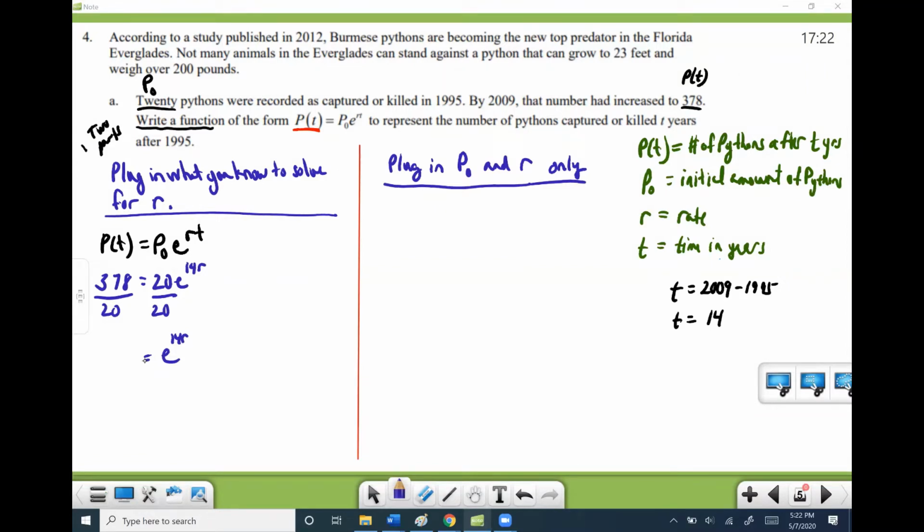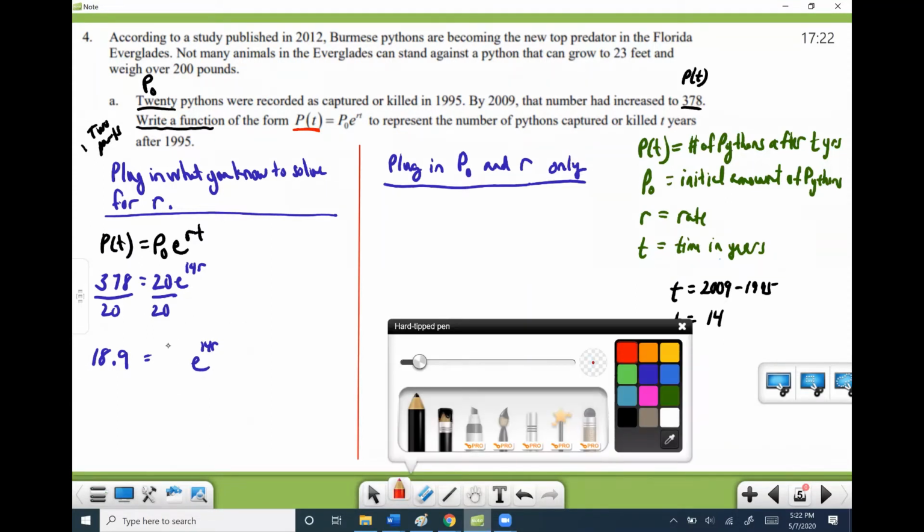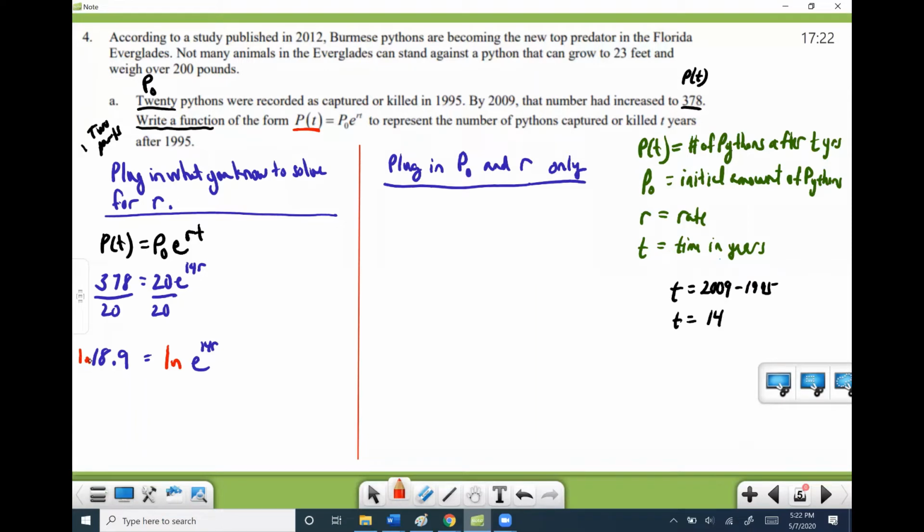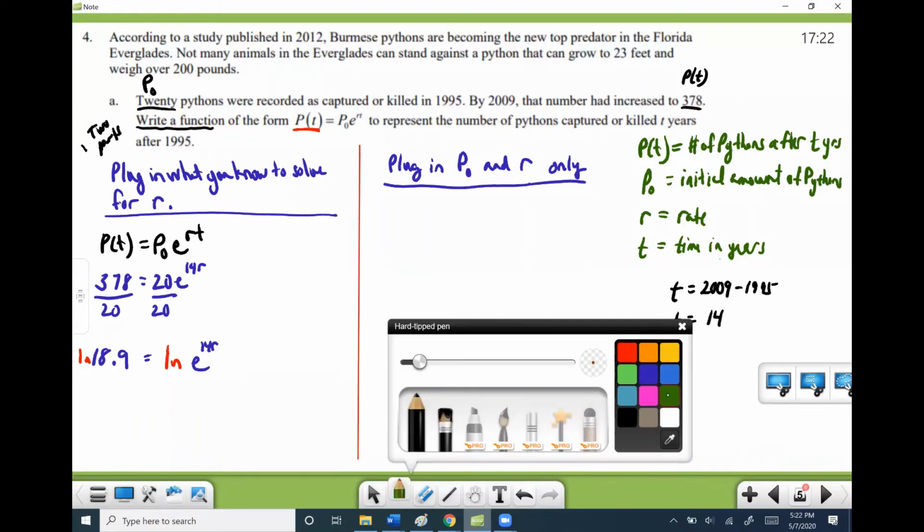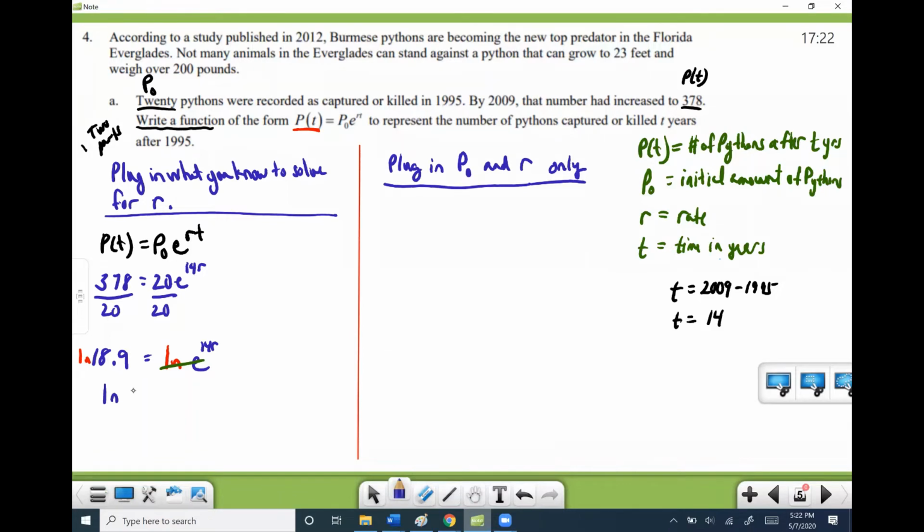Okay, yep, looks good. Okay, to get rid of the e, in this case, we'll just natural log both sides. So those will cancel each other out. So we have the natural log of 18.9 equals 14r.